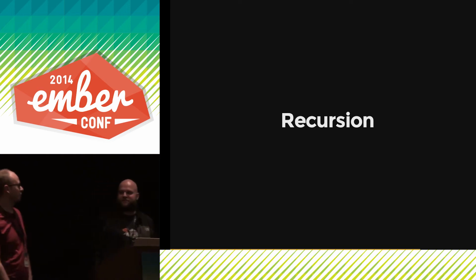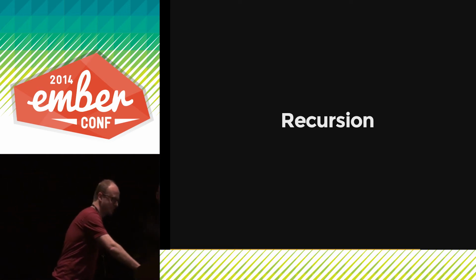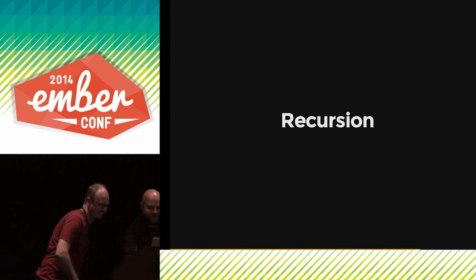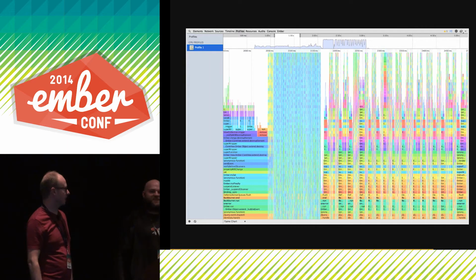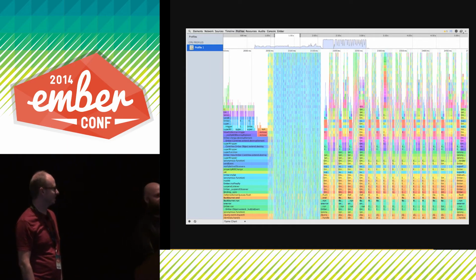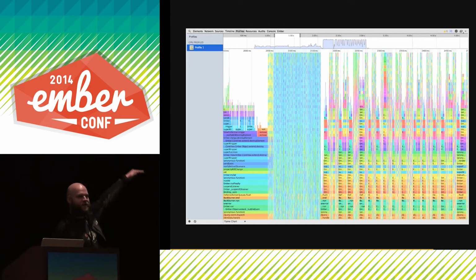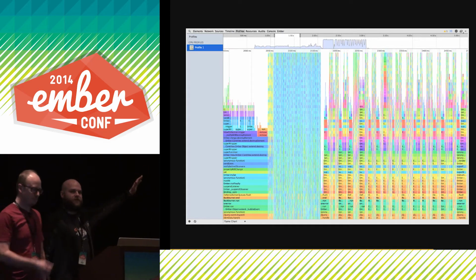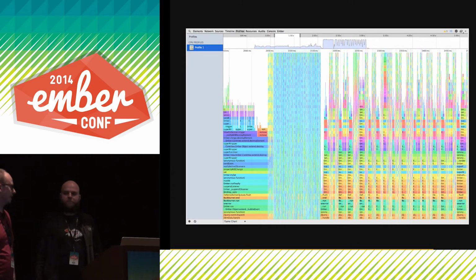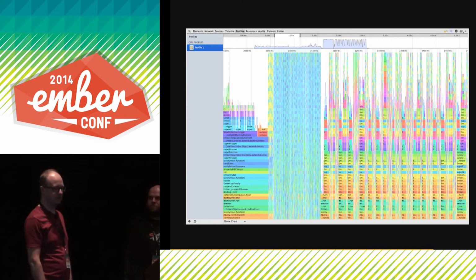So the next thing is recursion. I don't know, let's just go to the next. Ember right now. So this is a flame chart, for those of you who have not played with the Chrome DevTools. This is basically representing the stack of currently executing code, and this was during a render. So right now we've focused a lot on removing recursion.